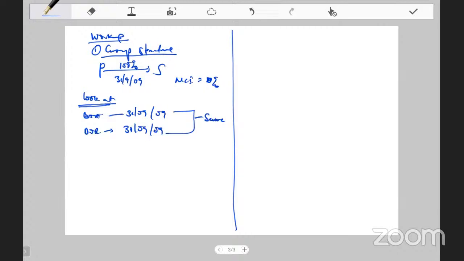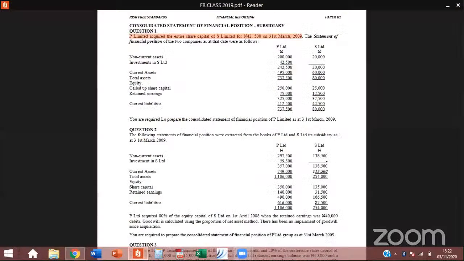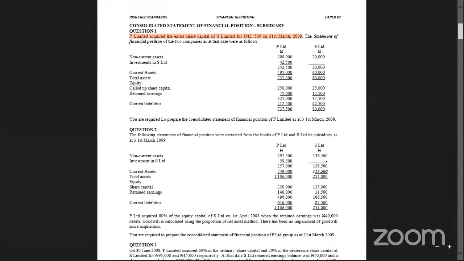For those of you that don't have your question, let me quickly show you what we are saying. If you look at it, there's no adjustment in this question at all. But that doesn't mean we won't still have to go through our arrangement. Okay, thank you. Somebody just caught my attention, and it's true. It's 31st of March, not September.